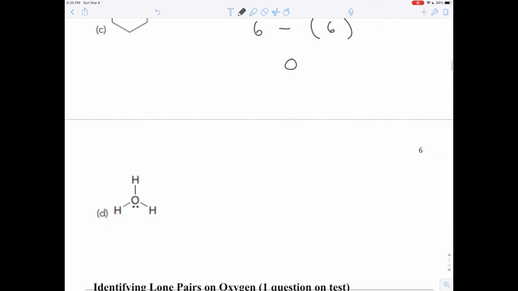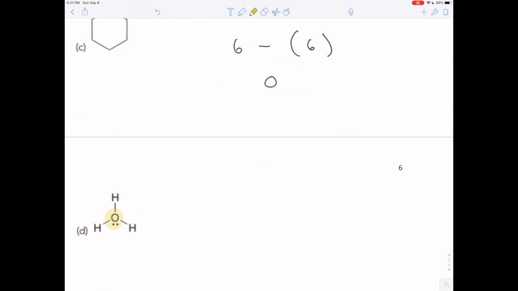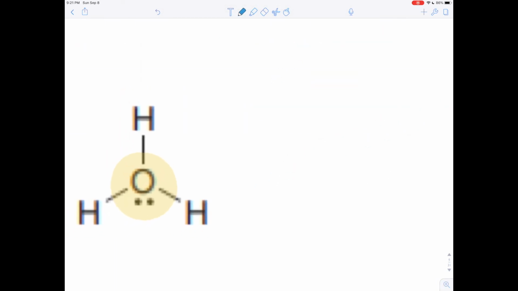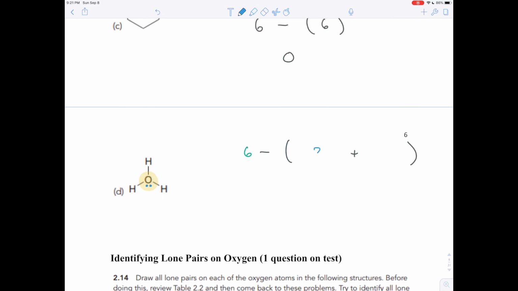All right, last but not least, this molecule here, we've got our oxygen. Oxygen is in group 6A, so that's the normal number of valence electrons on there. We're going to subtract the dots and the lines. On this oxygen, we have 1, 2 dots. So that's going to be 2 dots.